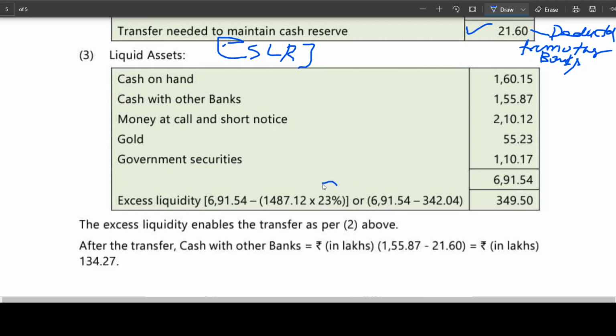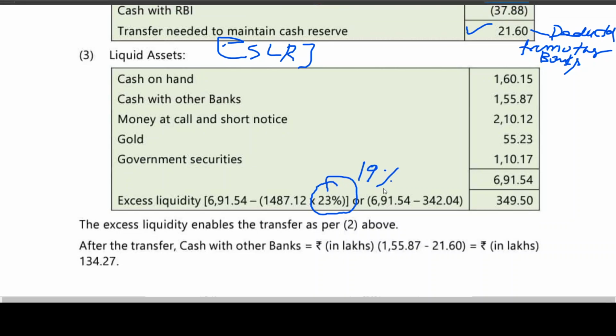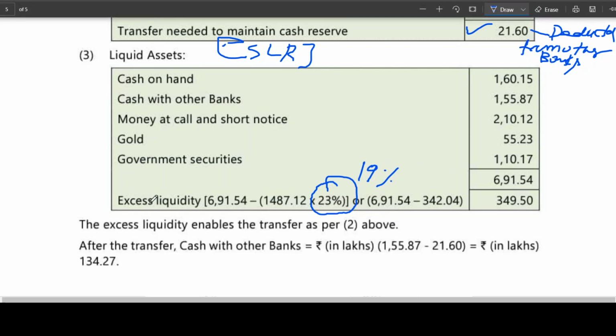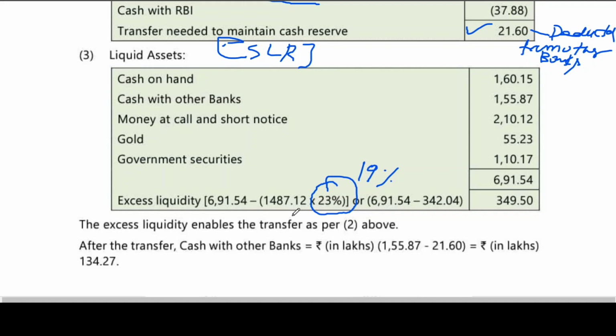At present I am telling you it is to be 19%, but we are calculating 23% because it is old material they have given. So excess liquidity is nothing but 691.54 minus 1487.12 at 23%, that is 349.5. That means 691.54 is what you already have in cash and liquid assets, and you should maintain 342.00. That means we got excess, no?